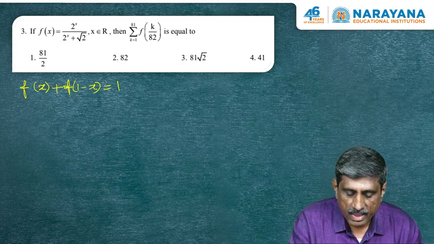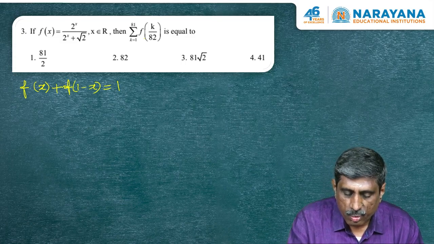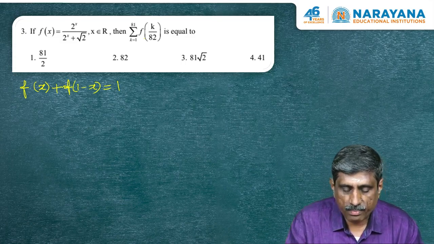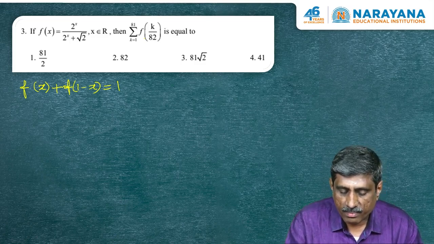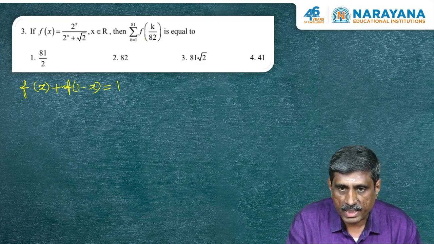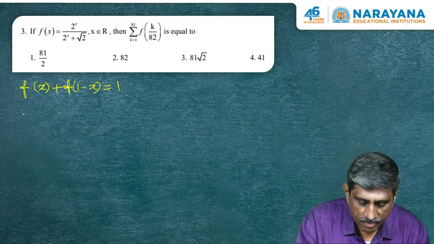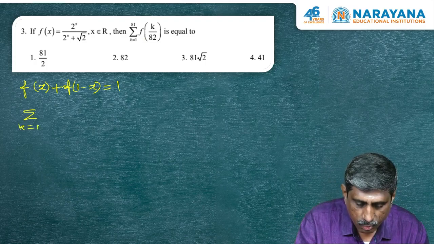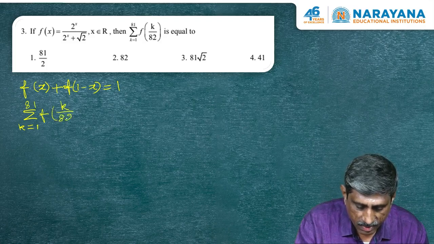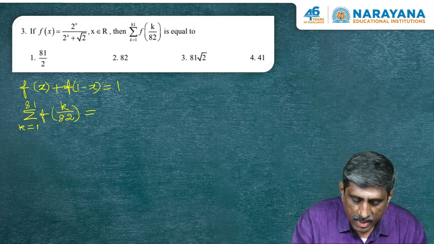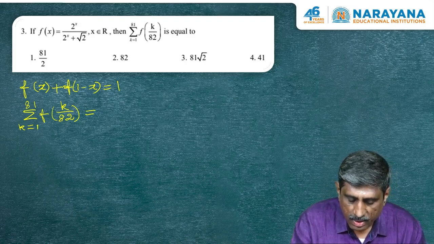Therefore, when you put k is equal to 1, you are getting f of 1 by 82. When you put k is equal to 81, you are going to get f of 81 by 82, which is f of 1 minus x. Therefore, when we simplify this, sigma k is equal to 1 to 81 f of k divided by 82, we are going to get f of 1 by 82 and f of 81 by 82, all are going to be the same pairs.